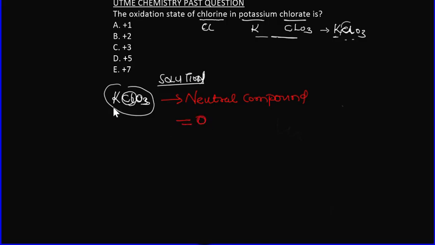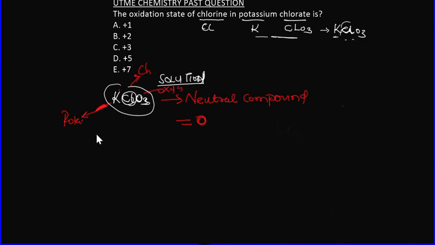This is potassium, this is chlorine, and this is oxygen. The sum of the oxidation numbers of the atoms of each element that make up a neutral compound is 0.